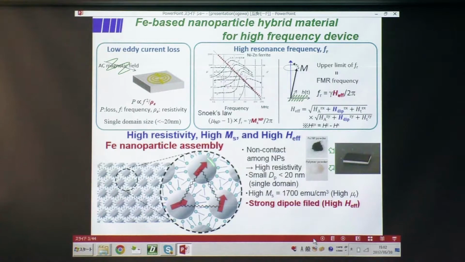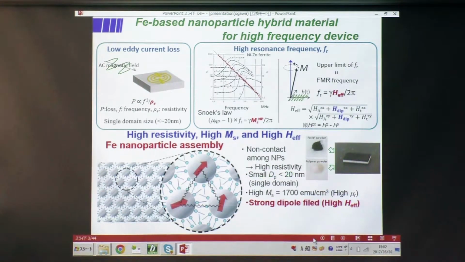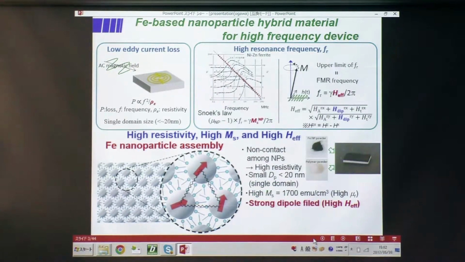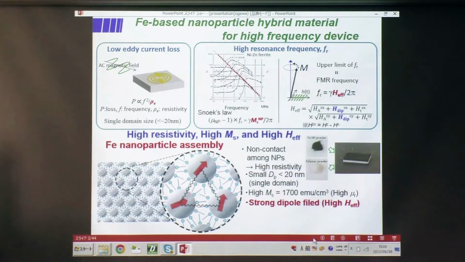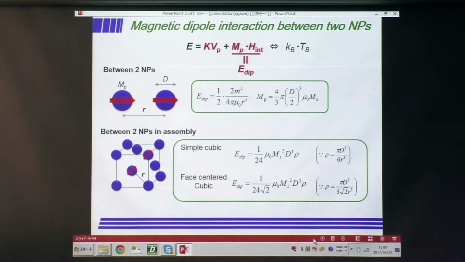In this material, there is no contact among nanoparticles, which realizes high resistivity, and a small size less than 20 nanometers with single domain size and high saturation magnetization realize high permeability. A strong dipole field between nanoparticles leads to a high effective field that realizes a high magnetic resonance frequency.